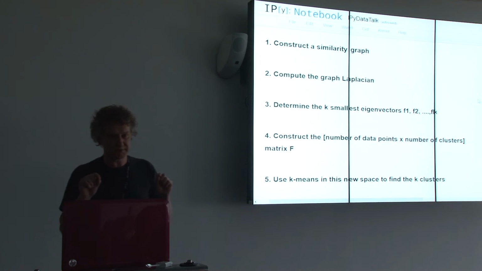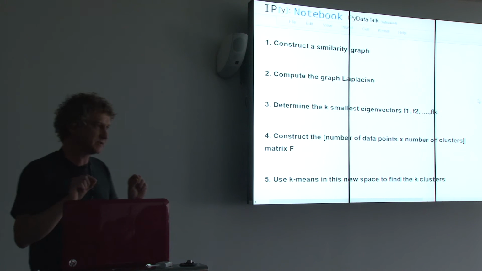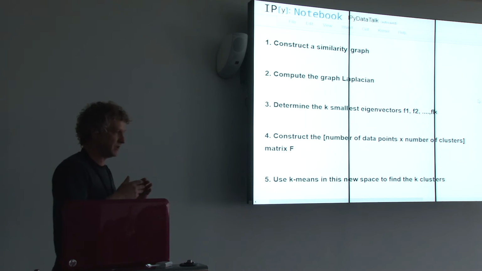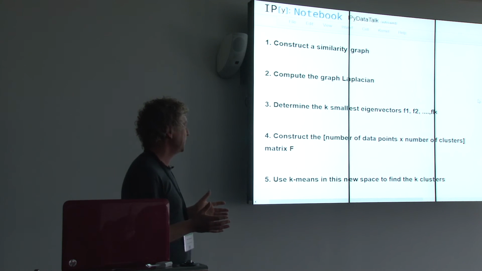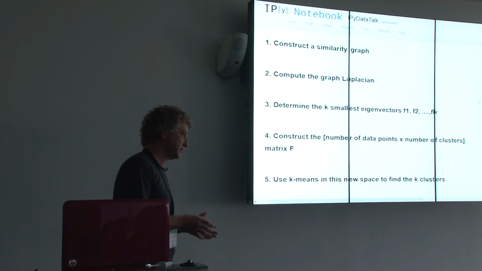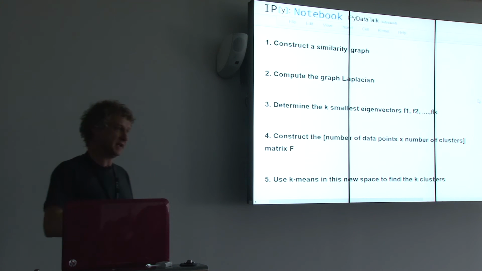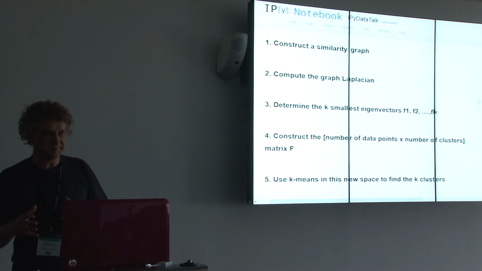You weight that edge by the similarity. So you end up with a fully connected graph, with each data point represented by a single node and each edge representing the similarity.